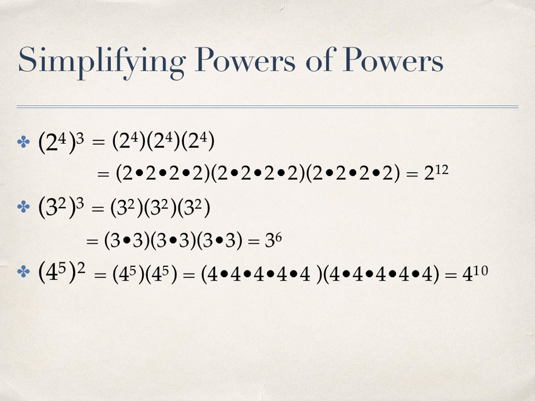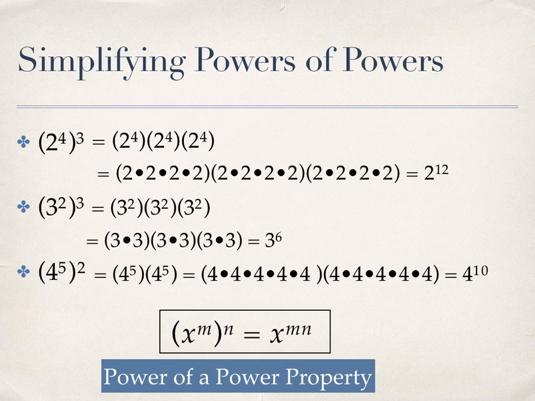I'm looking for and making use of repeated reasoning, or actually structure as well. I can see that if I raise a power to a power, the end result will be just multiplying the exponents together. So we can write that as a rule. This is called the power of a power rule.